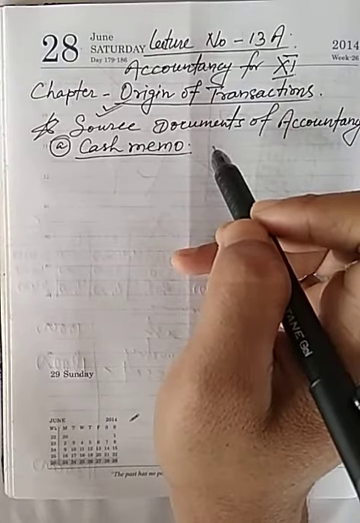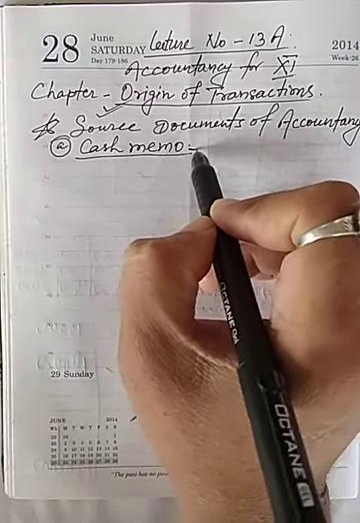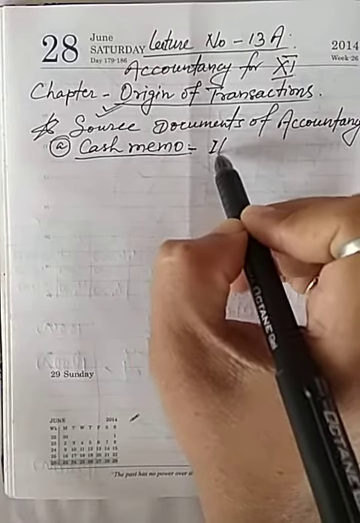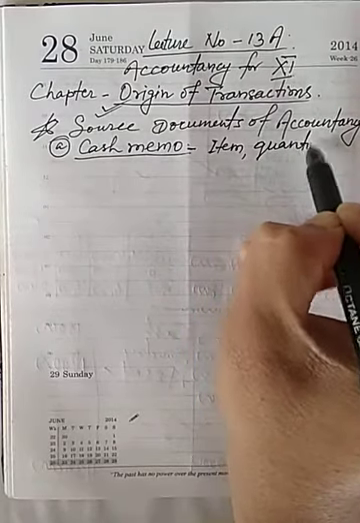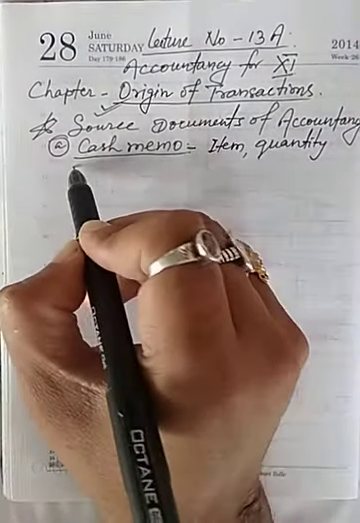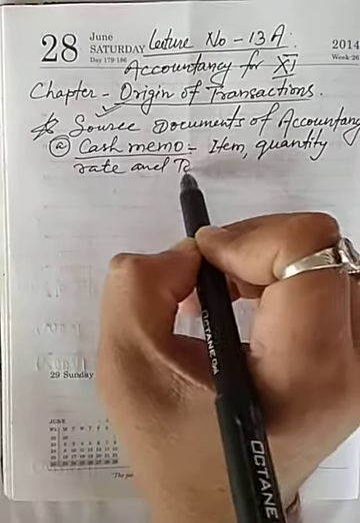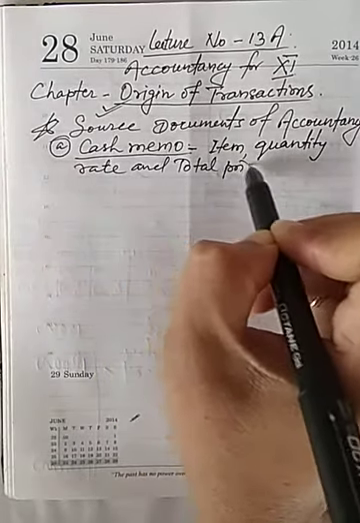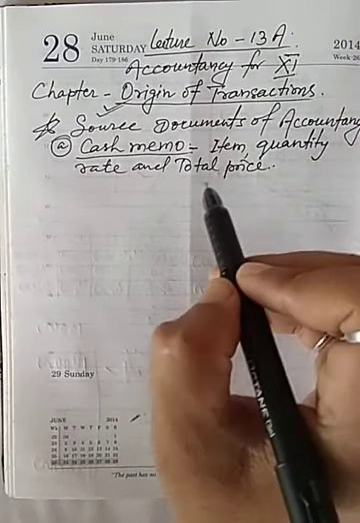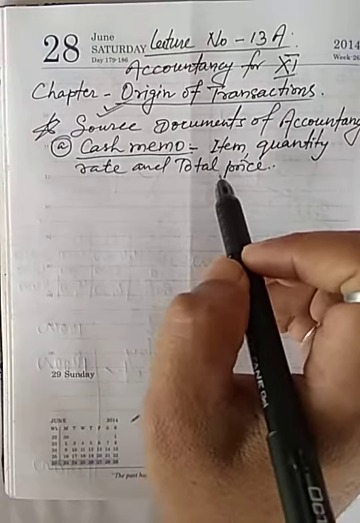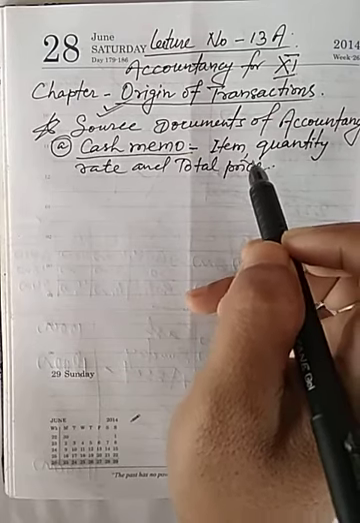It has details regarding the item, quantity, rate, and total price, etc. Cash transactions are recorded in the books of accounts on the basis of these cash memos.